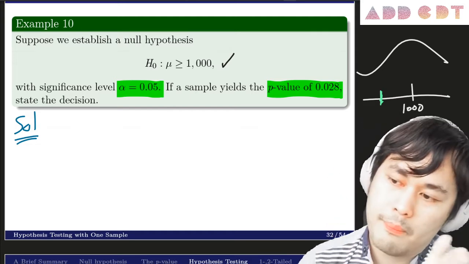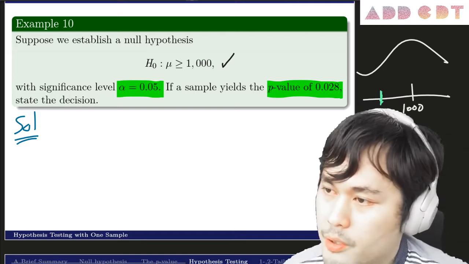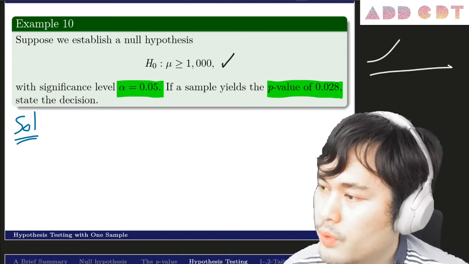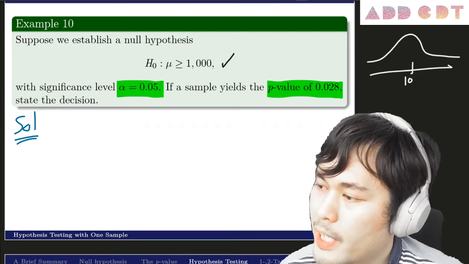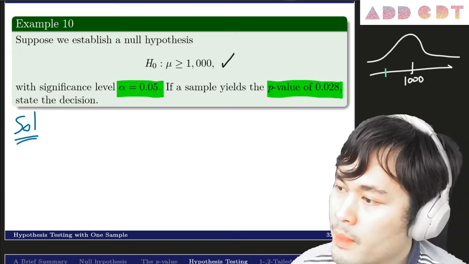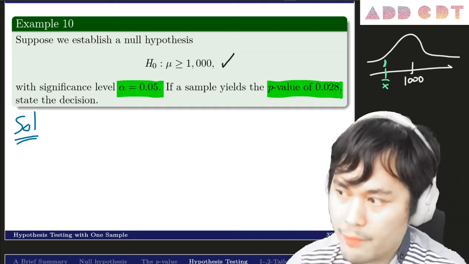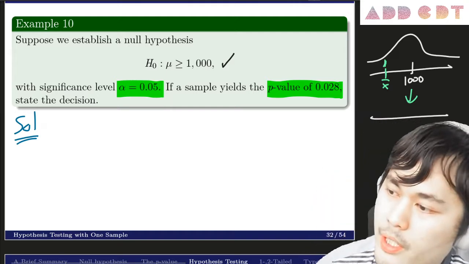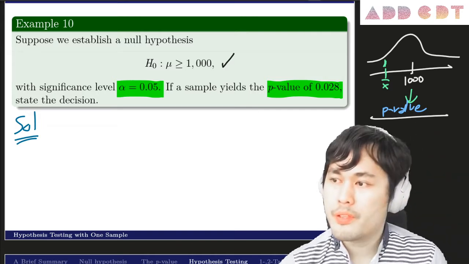So we have two graphs. We have that graph from our sample, and we get some x bar, and from that sample we compute the p-value down here, and that p-value is going to be between 0 and 1.